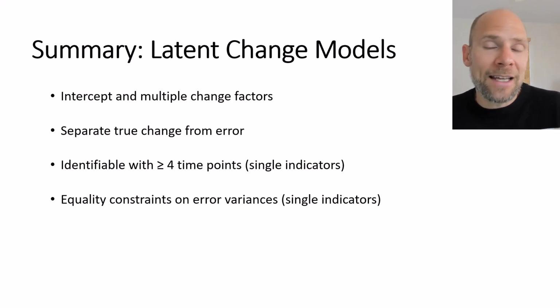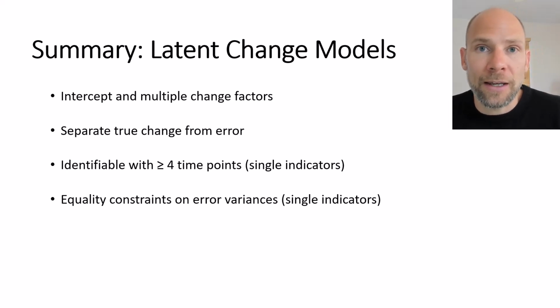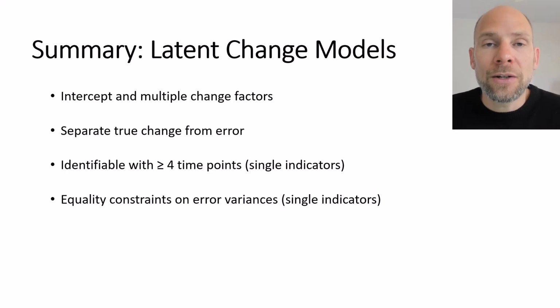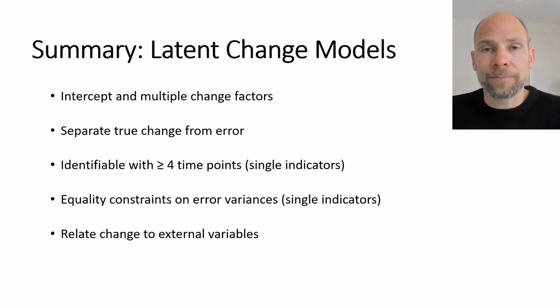So I tend to think that assuming that all the error variances are equal across time is rather unrealistic, because in longitudinal data that is typically not the case. So then you might end up deciding to set the latent zeta variances equal across time, but that's also not necessarily plausible. That is different again when you have multiple indicator data, then no such equality restrictions are required in a latent change score model. So that's something to consider, to use multiple indicators, which makes these models a lot more flexible.